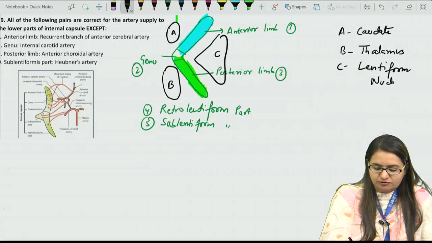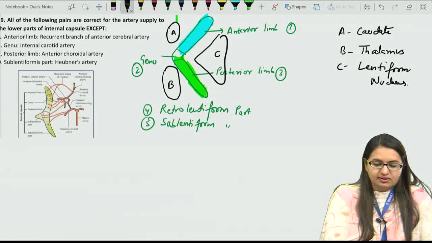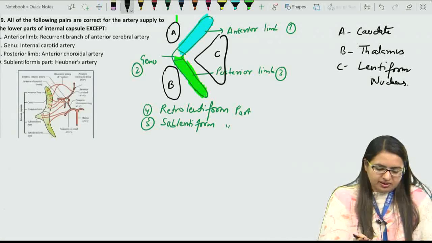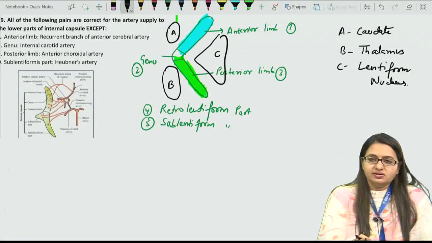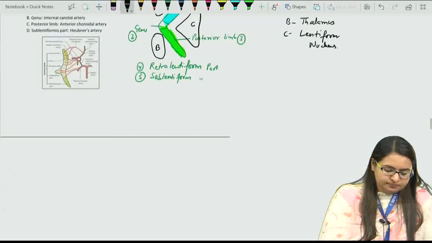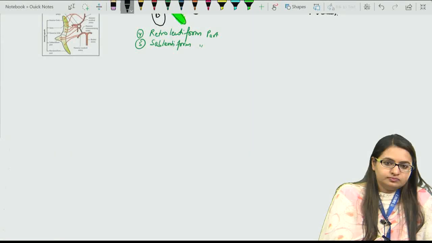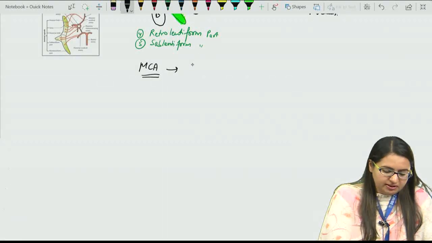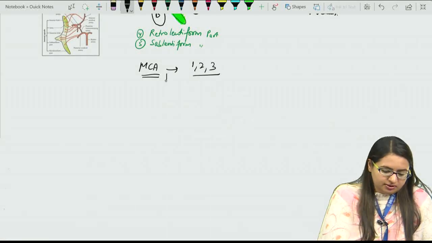The lentiform nucleus is formed by the globus pallidus as well as the putamen. When we talk about the arterial supply of all these structures, it is mainly by the middle cerebral artery. The middle cerebral artery supplies the anterior limb, genu as well as the posterior limb, by the lenticulostriate branches.